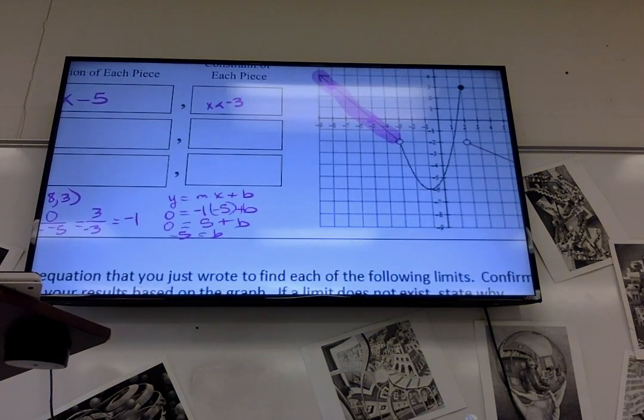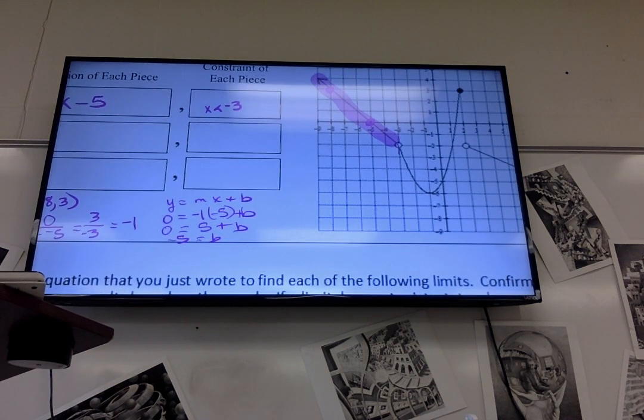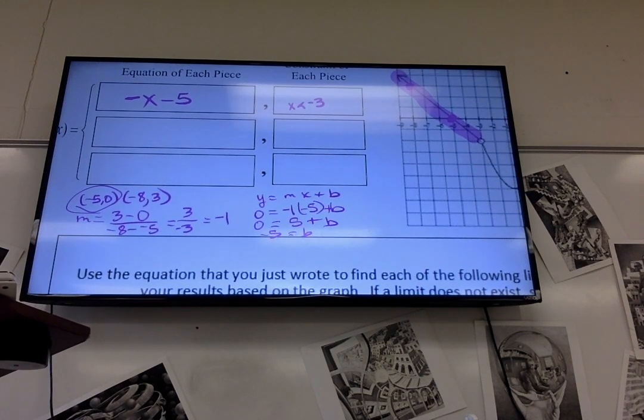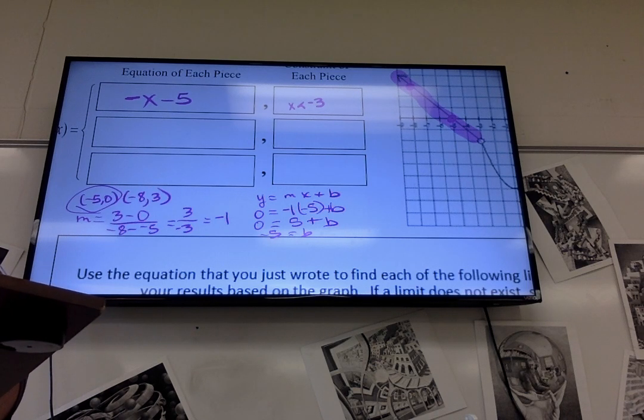I could have also gone down 1 to the right 1, down 1 to the right 1, down 1 to the right 1. Like if I had extended it out, I would see that it was negative 5. I could also do it that way. Something else we're doing in pre-cal right now, these piecewise functions.